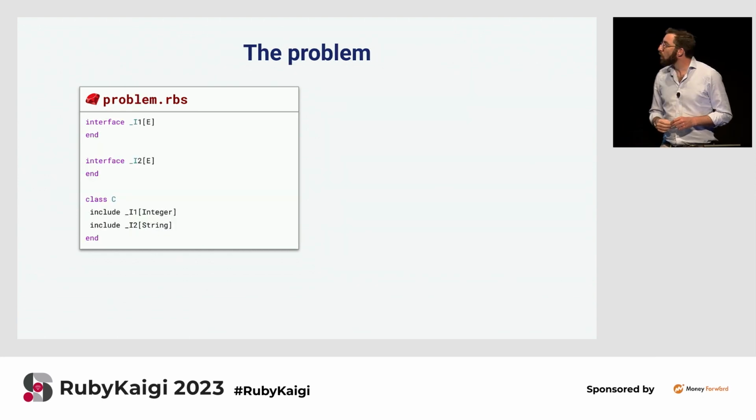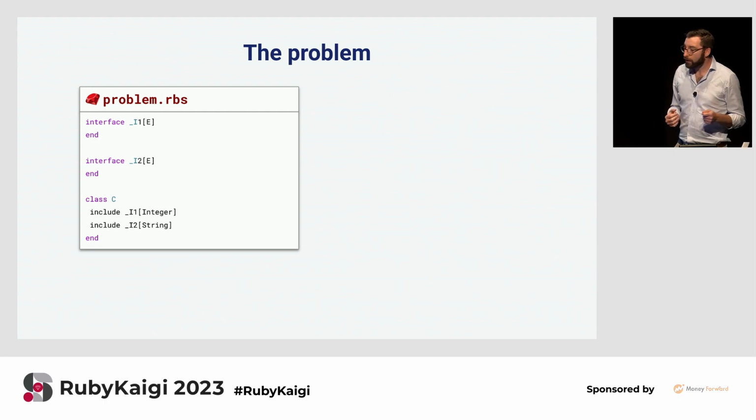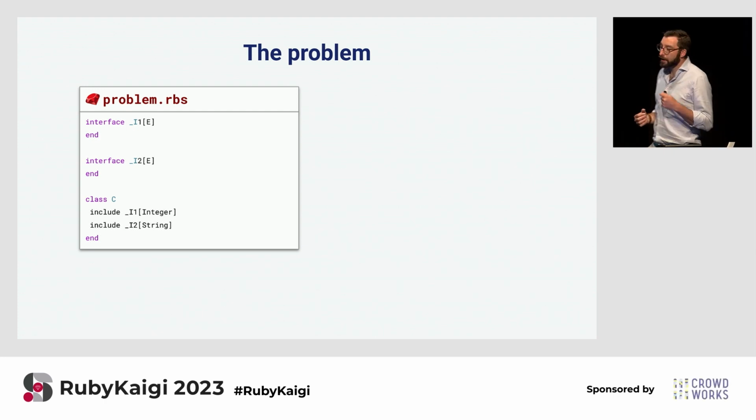Now the problem. We can have different interfaces that have different type members, and we can have a class that includes those two interfaces, saying like for I1, the type member is going to be an integer, and for I2, the type member is going to be a string.